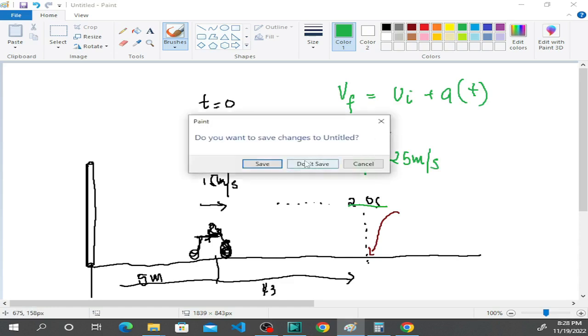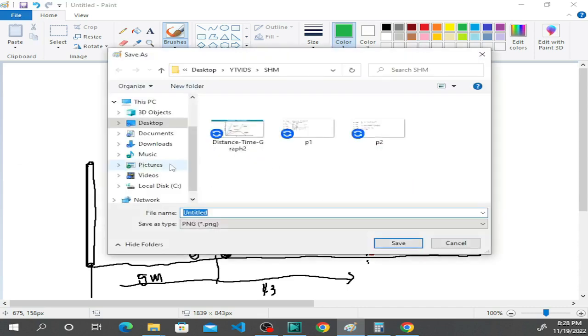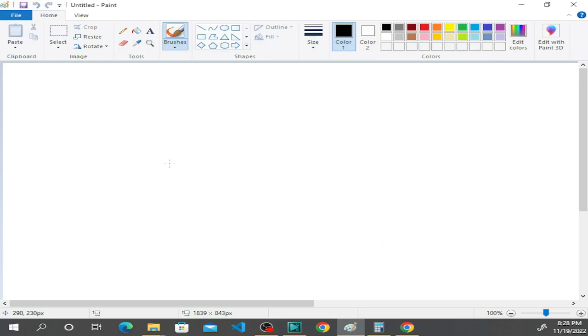Okay, so I'm gonna save that. I'm going to use the formula: vf is equivalent to initial velocity plus the acceleration times time.